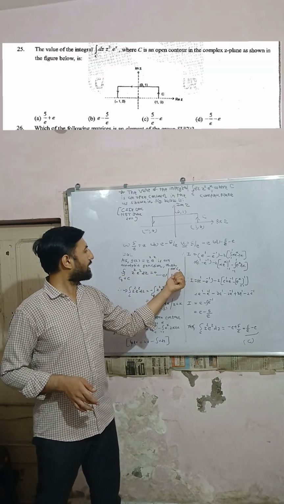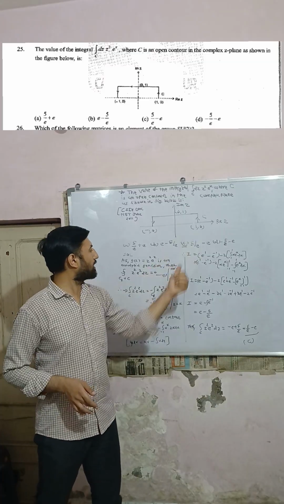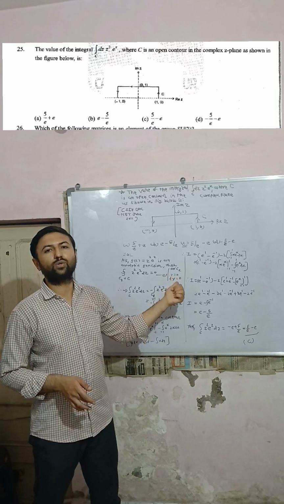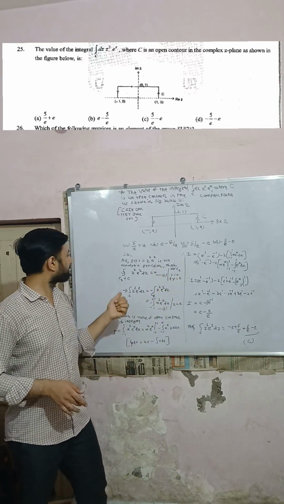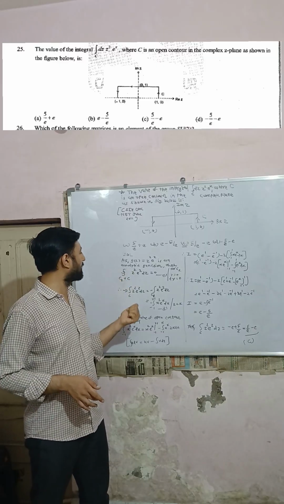Here C_R means the open contour for the real part. Here we are considering only the x-axis, and that is why y is equal to 0 and dy is also 0. So we are splitting this closed integral into two parts.